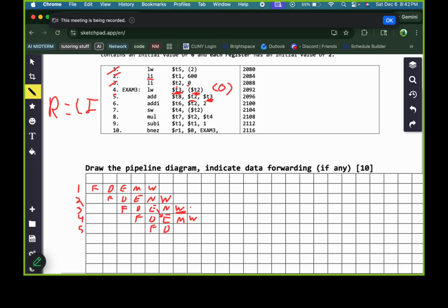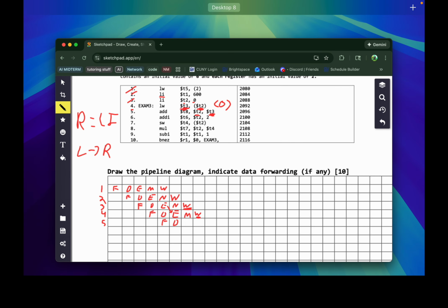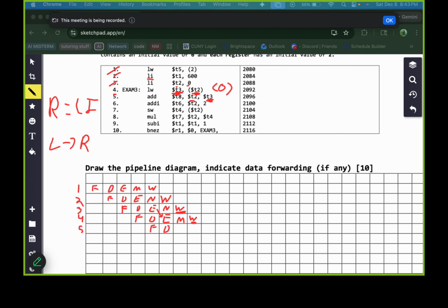Let me put this on the other window so I can actually see it. Yes, this one actually has the stall. So again, only if it's an R type or load immediate, because it's the same thing, to something else can I actually data forward this. Otherwise, I got to stall it.